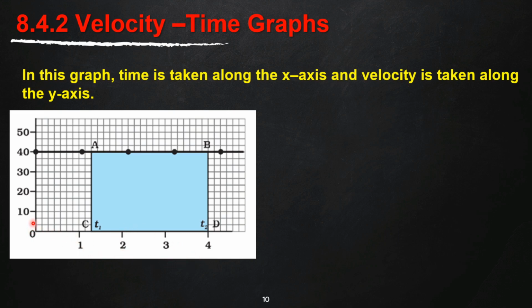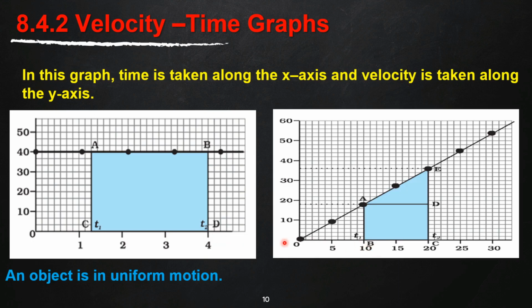Whereas 10, 20, 30, 40, 50 are the velocities in kilometer per hour. See here, the object is moving with a uniform velocity. Only the time is changing. It is in uniform motion.